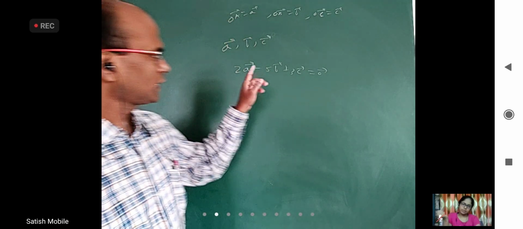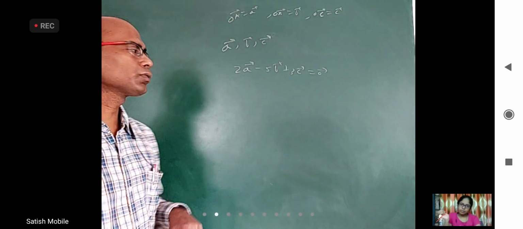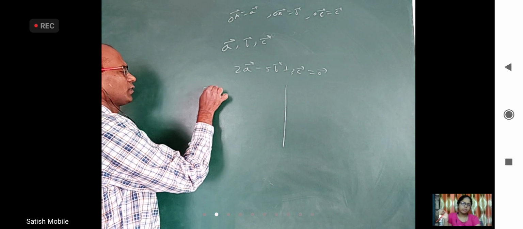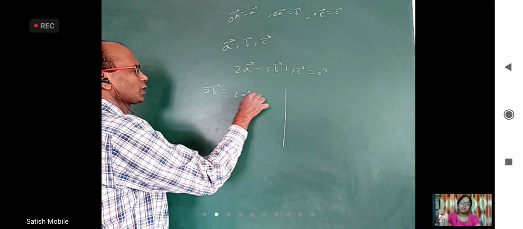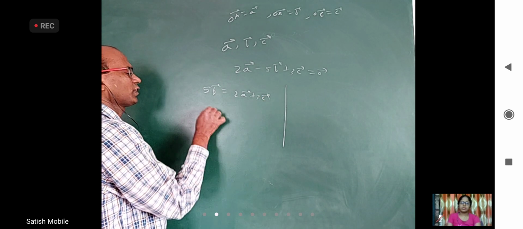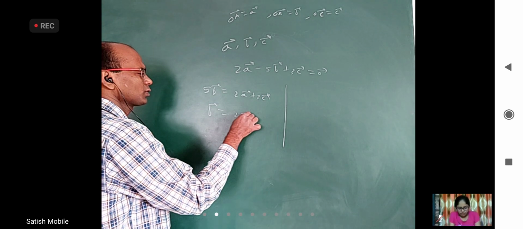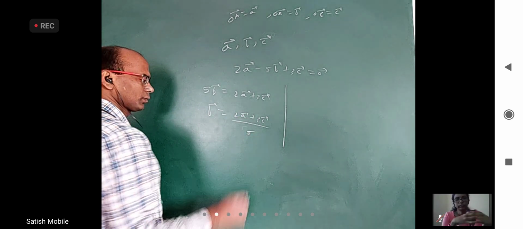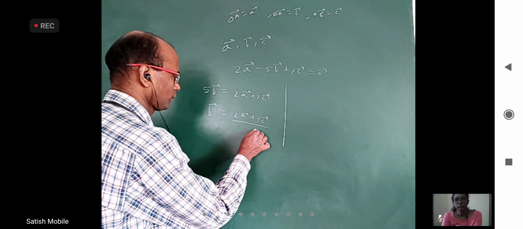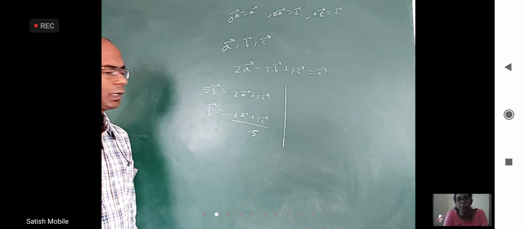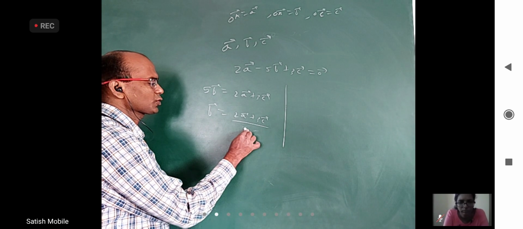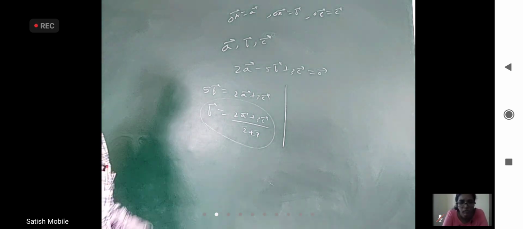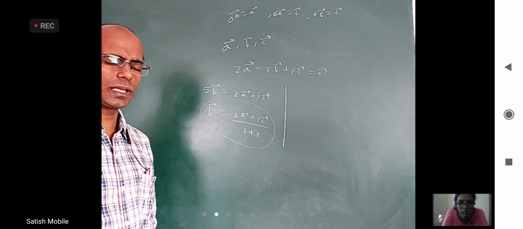Just from this, I can prove points ABC are collinear in two different ways. One is send this 5B bar that side. 5B bar equal to 2A bar plus 3C bar. Divide with 5 here. B bar equal to 2A bar plus 3C bar by 5. Okay. And this 5, I can write it as 2 plus 3. Now tell me, are you able to see that points capital A, B, C are collinear?